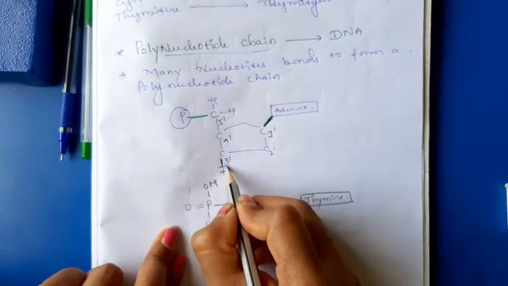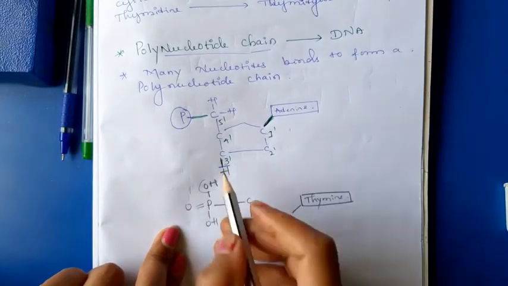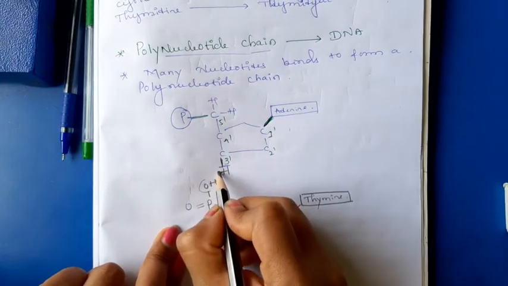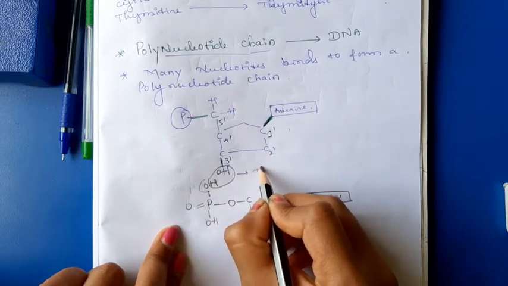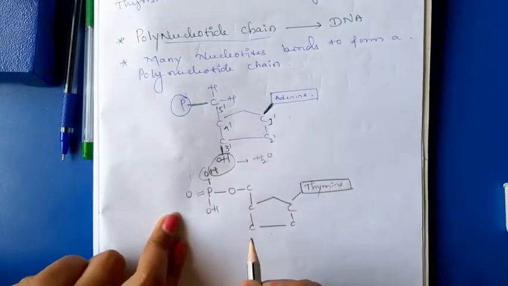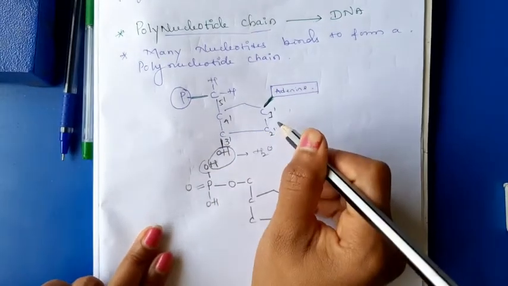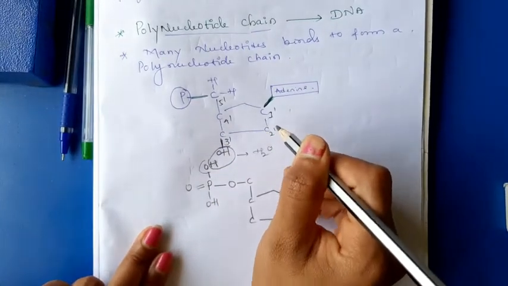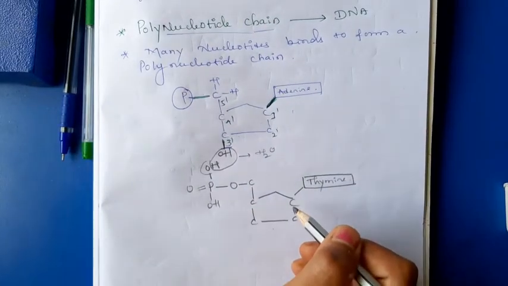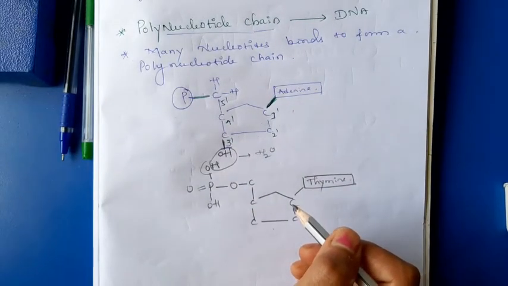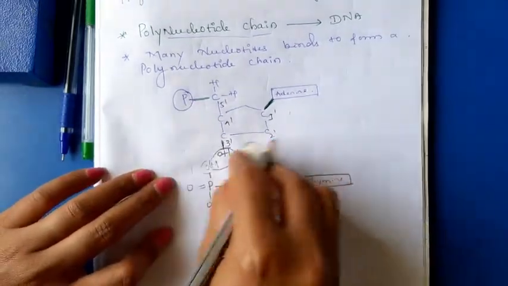Here the H group, there is a formation of another H2O. It forms the bond between the third carbon atom of the first nucleotide deoxyribose with the second phosphate group of the second nucleotide. Okay. Here also we will write all these things.